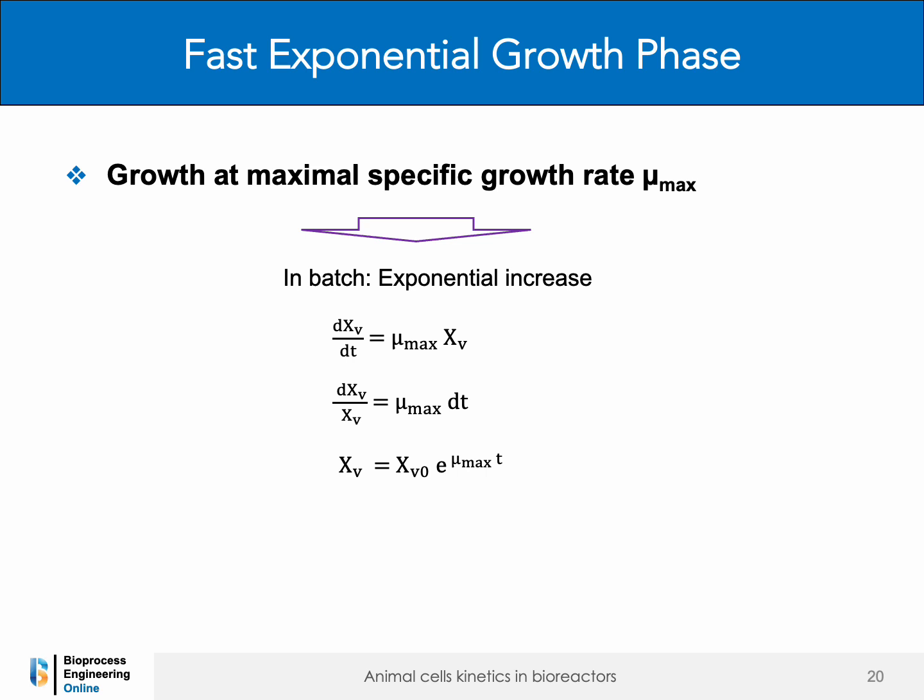Integrating this equation gives the classical exponential growth expression, x equals x0 multiplied by the exponential of mu max times t, where x0 is the viable cell concentration at the beginning of the exponential phase. For most industrial mammalian cell lines, the maximum specific growth rate typically ranges from 0.02 to 0.04 per hour, corresponding to a doubling time of approximately 1 to 2 days.